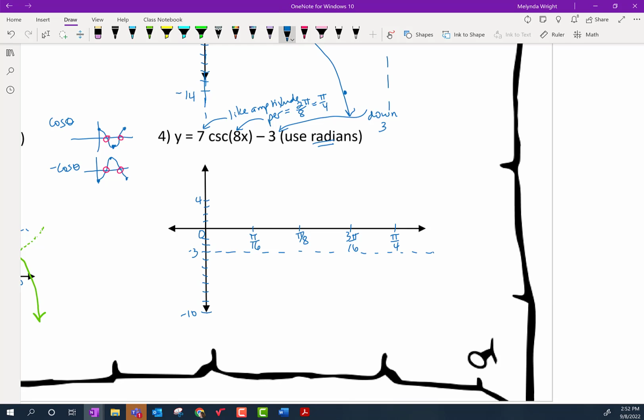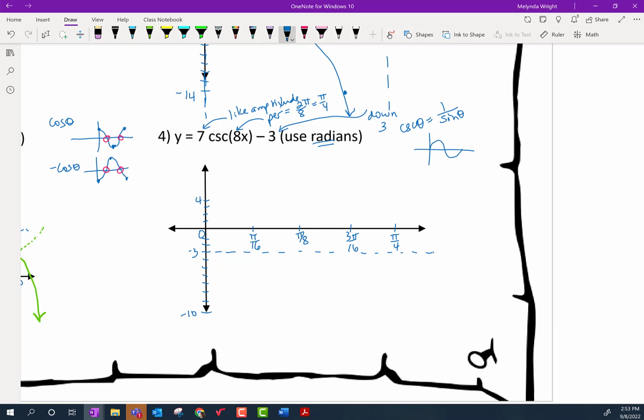Now this is cosecant. Let's remind ourselves of the shape that's reciprocal. So we know cosecant, and we'll write this out. Cosecant is the reciprocal of 1 over sine. Those are the same. They're equivalent. So the parent of sine looks like this. All right, that's what it looks like. So that's what we're going to do.